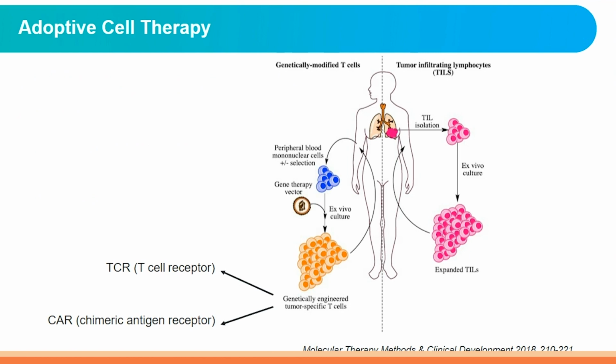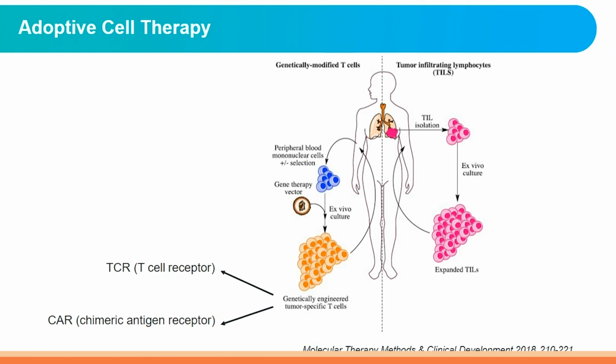One of the most promising cancer immunotherapy area is adoptive cell therapy, where patients' own T cells, either tumor-infiltrating lymphocytes or genetically modified T cells, are infused back to patient's body to attack tumor cells.